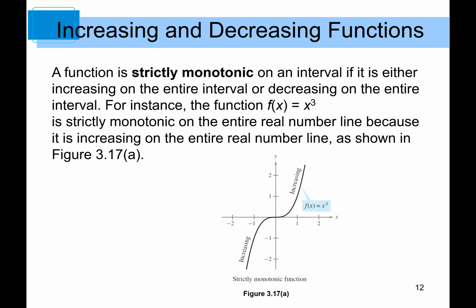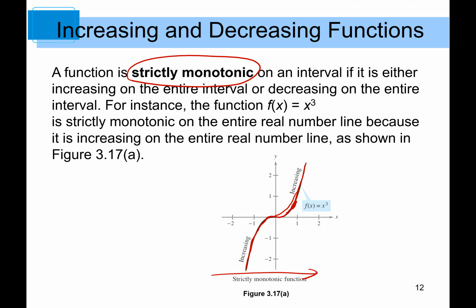A function is strictly monotonic if the function is increasing on its entire domain or decreasing on its entire domain. Let's look at this one. It's totally increasing from left to right, going all the way up.